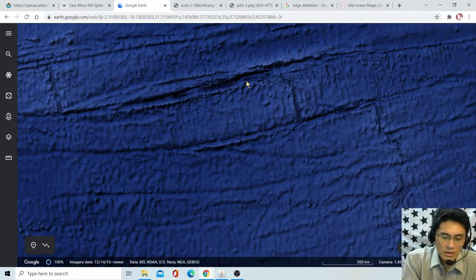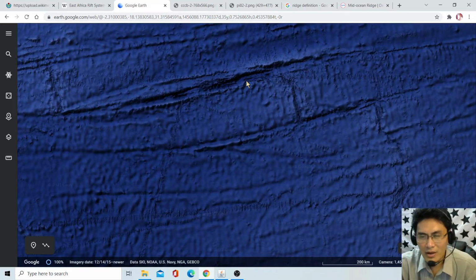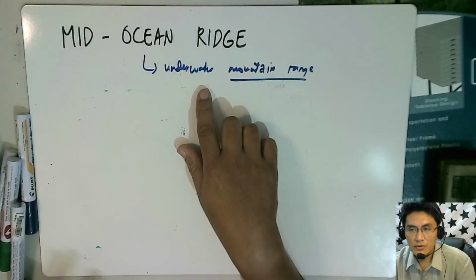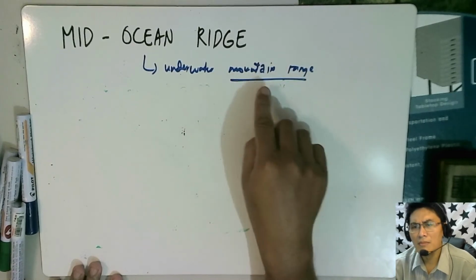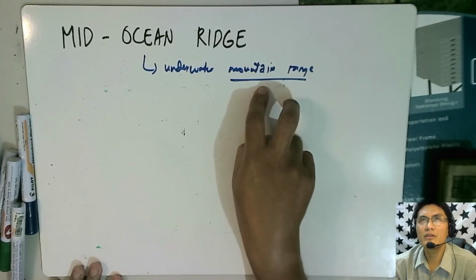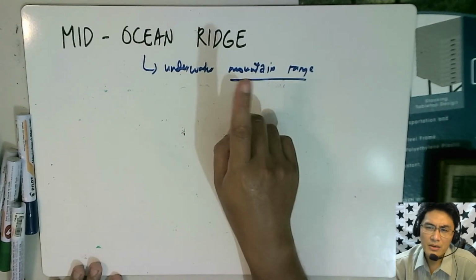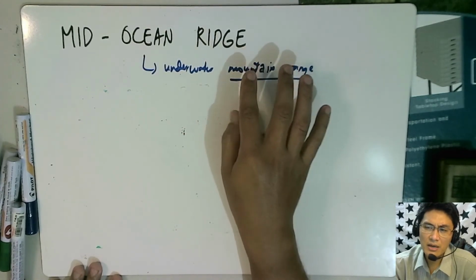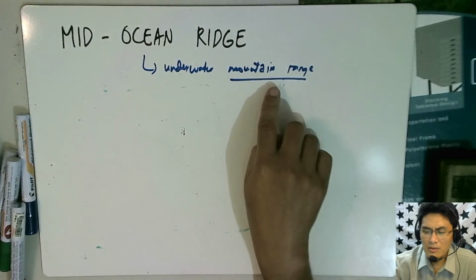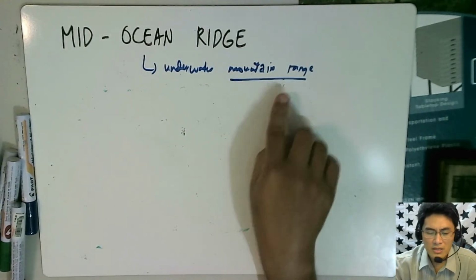So that's why I don't like the term underwater mountain range, because it gives people some confusion because they would say, okay, mountains. I thought mountains were created by convergent boundaries. How come a mid-ocean ridge is created by plates that are diverging? Then how come it's called an underwater mountain range?